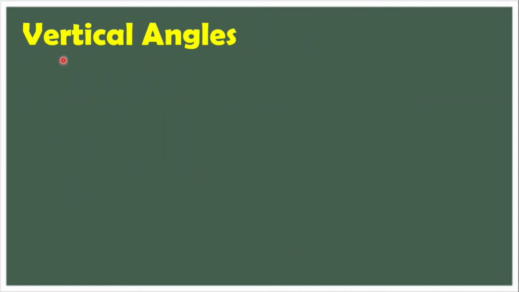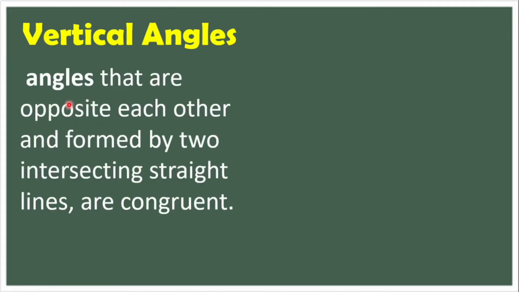Next is vertical angles. Vertical angles are angles that are opposite to each other and formed by two intersecting straight lines. They are congruent. So sabi sa theorem na pag meron daw nagpo-form na opposite angles in two intersecting straight lines, they are congruent.